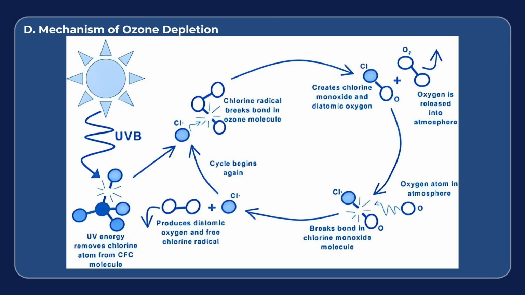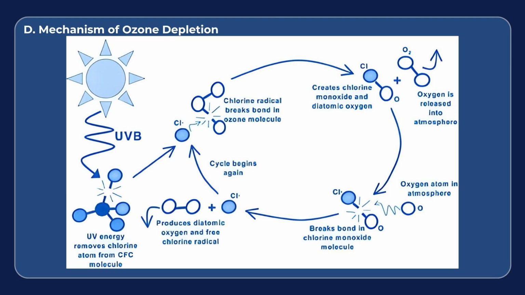Third, nitric oxide is regenerated and the depletion continues. The chemical process functions as a catalytic cycle, meaning the destroyer is never permanently used up. Because nitric oxide is a byproduct, the original molecule is born again and is free to attack another ozone molecule. As shown in the diagram, the arrows form a circle.